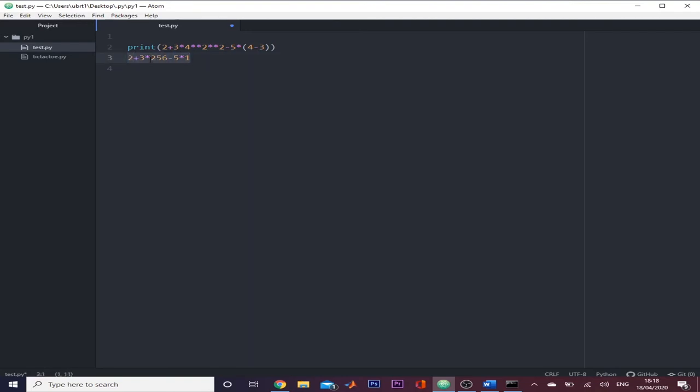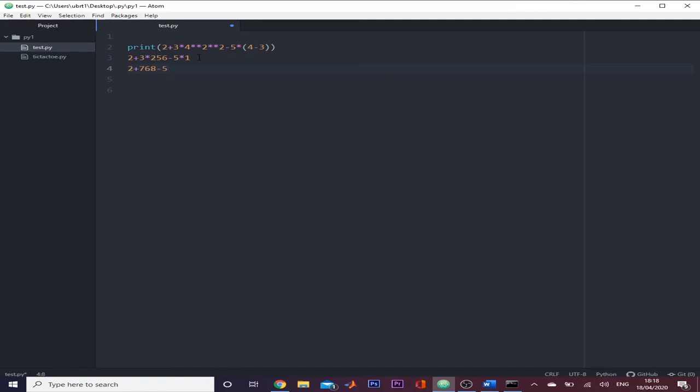Now before addition, the order is for multiplication. So 3 will be multiplied with 256 and 5 will be multiplied with 1. The answer of 3 multiplied by 256 is 768, and minus 5 multiplied by 1 is minus 5. So now it will go from left to right for addition and subtraction.